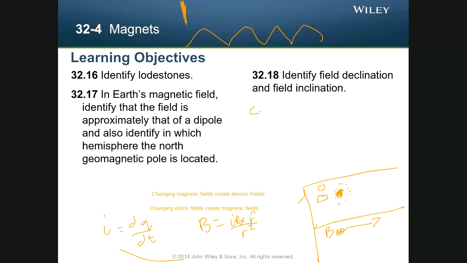Who's right? In one picture, there is no magnetic field. It does not exist. In the other picture, there is a magnetic field and it does exist. Who's right? Well, it's either there or it's not.